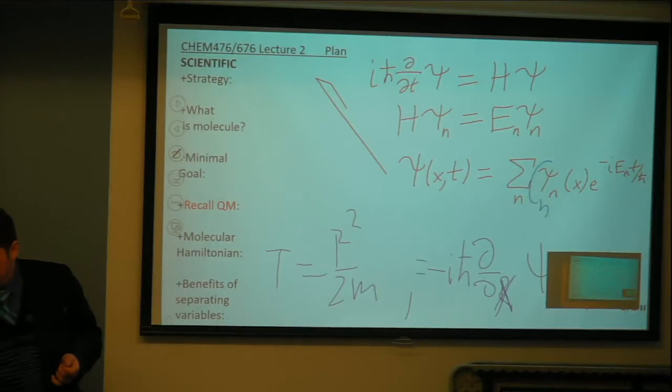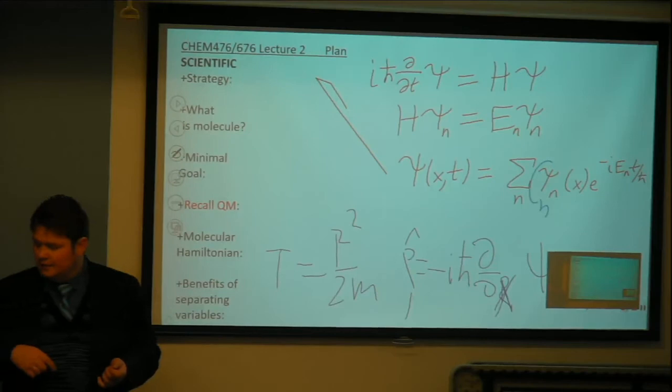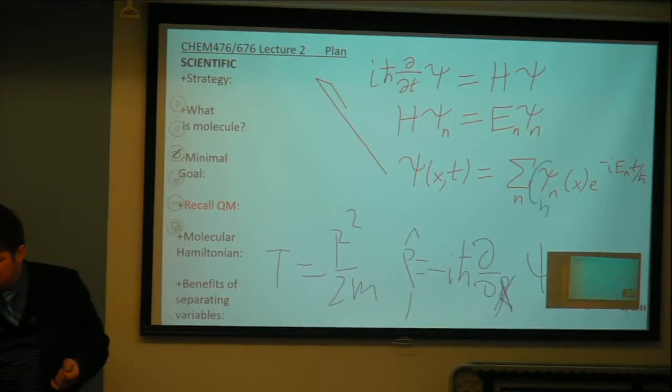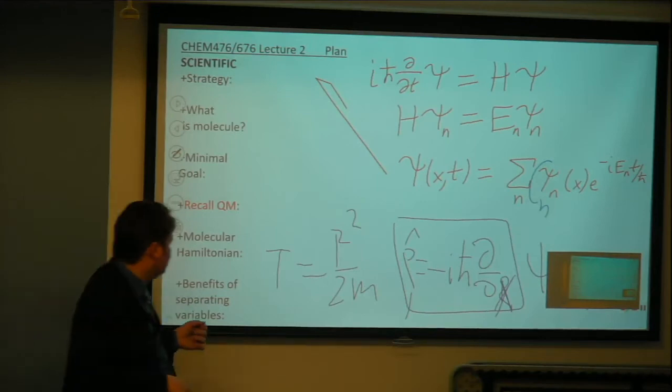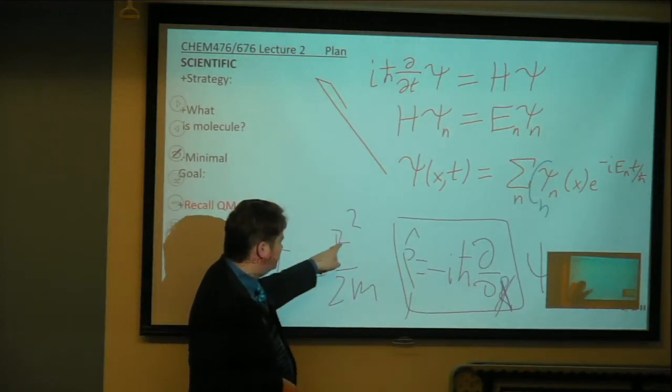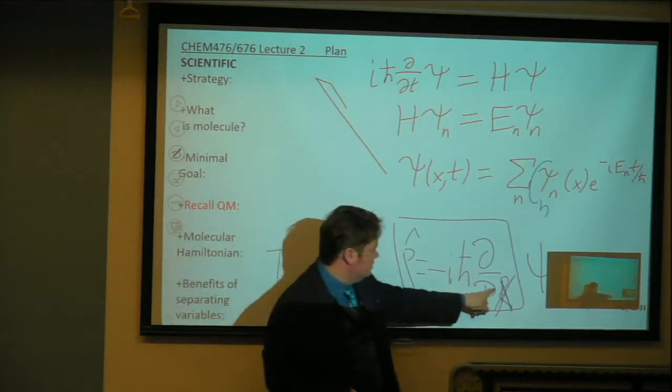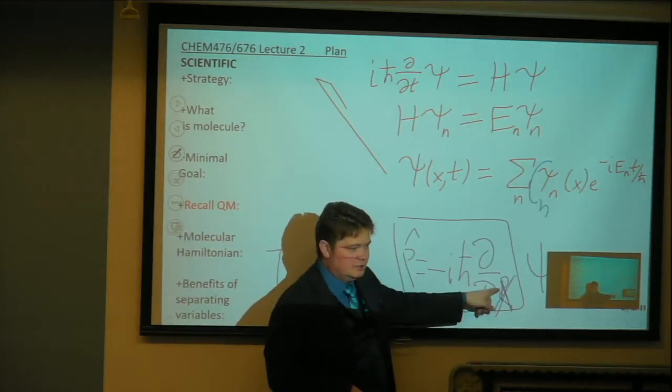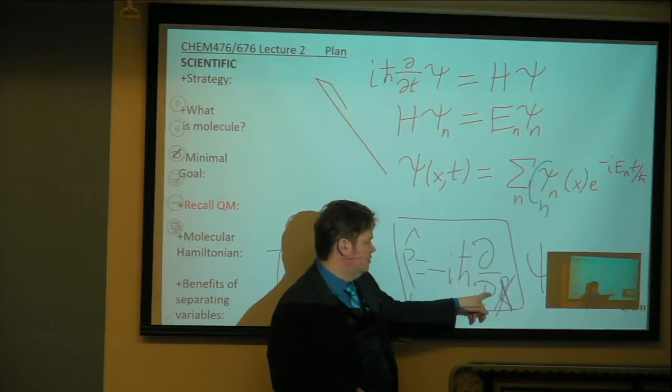So this will be the momentum operator. And when formulating kinetic energy in quantum theory, one replaces momentum with this derivative over position. Momentum squared will be the derivative squared.